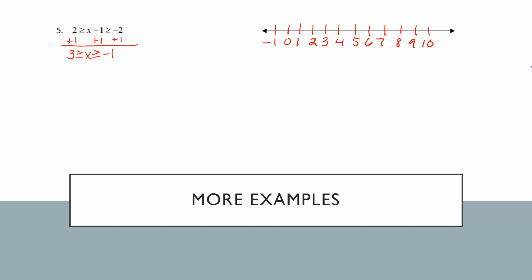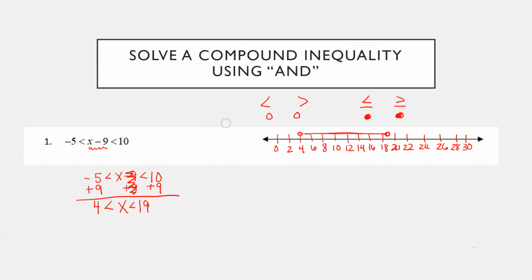Got carried away. So on this side, I'm going to close in with a closed dot at negative 1, and I want to have all the numbers that are greater. They'll be that way. So this is an and. So I'm going to take my 3, and I want all the numbers that are less than 3. So that's my graph.